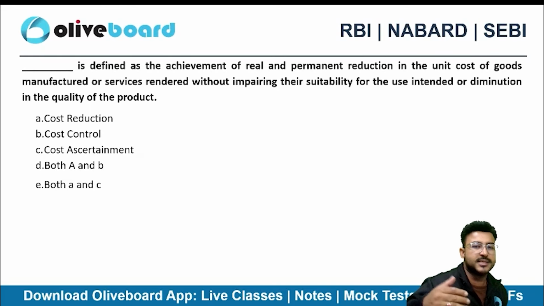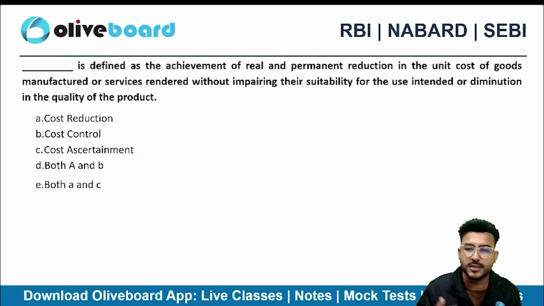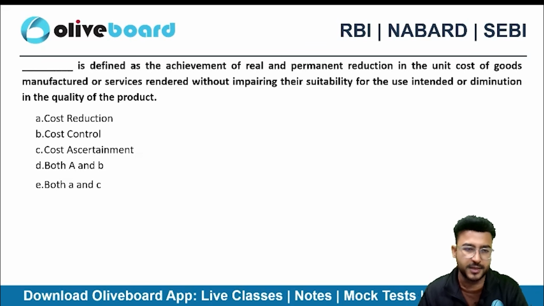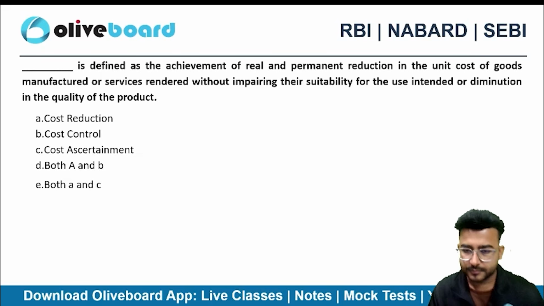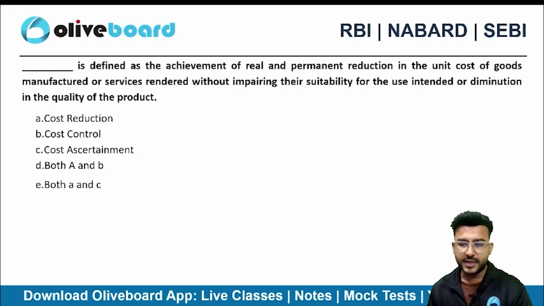Next one. Dash is defined as the achievement of real and permanent reduction in the unit cost of goods manufactured or services rendered without impairing their suitability for the use intended or diminution in the quality of the product. Real and permanent.